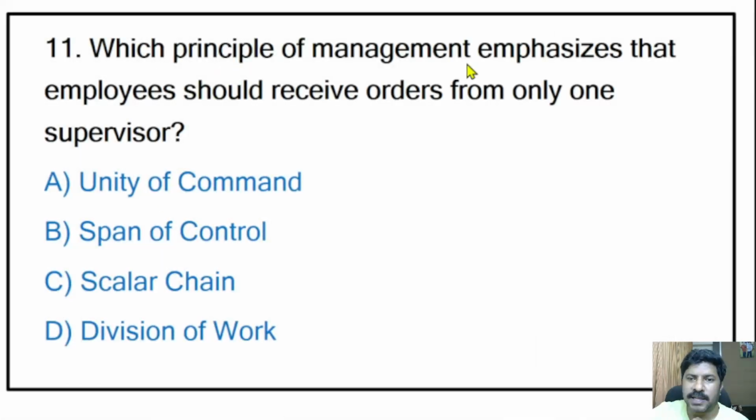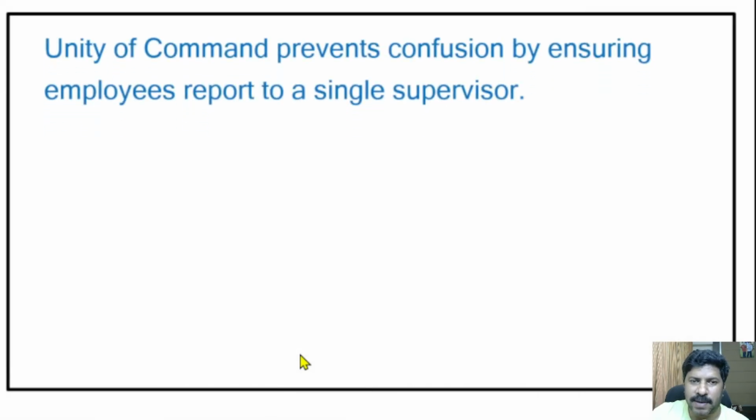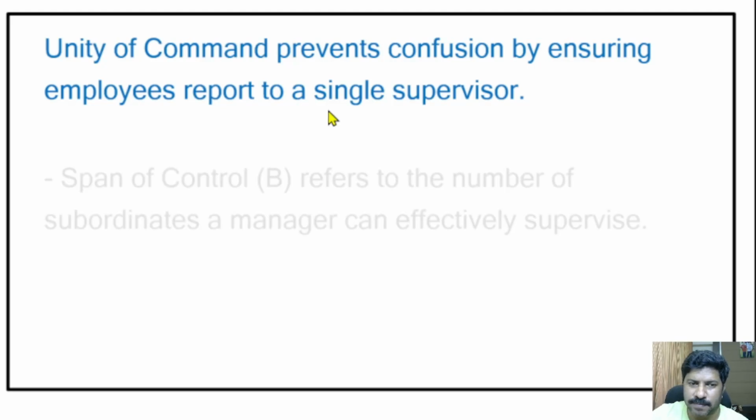Which principle of management emphasizes that employees should receive orders from only one supervisor? Unity of command, span of control, scalar chain, division of work. Correct answer, unity of command. We will see each option. Unity of command prevents confusion by ensuring employees report to a single supervisor.